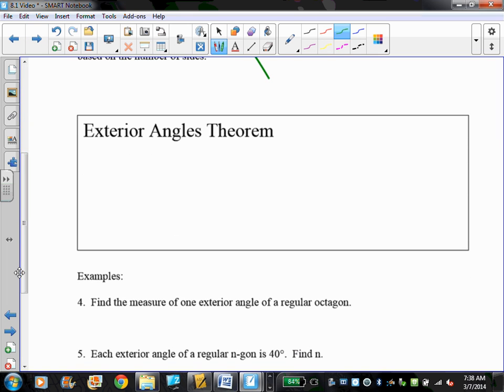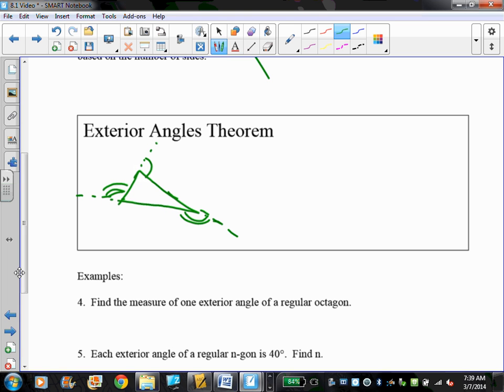When we have a shape, and this even works with triangles, and it doesn't have to be a regular shape, it can be any shape, we can extend the sides, as long as we do it the same way for each side. This was the extension of this side, that was the extension of that side, and we form these angles here. Those are called exterior angles.